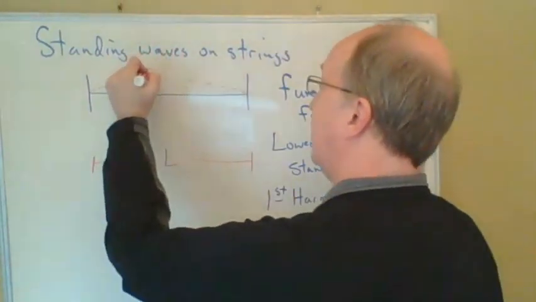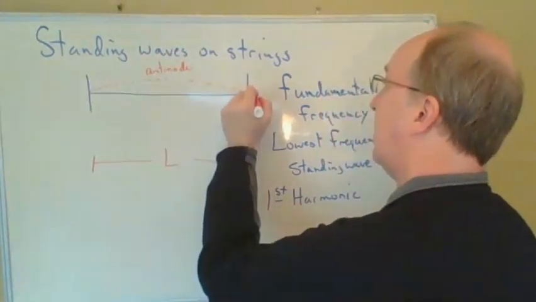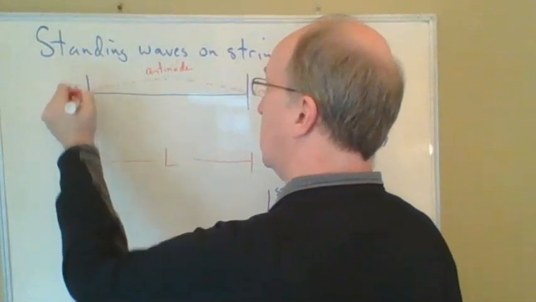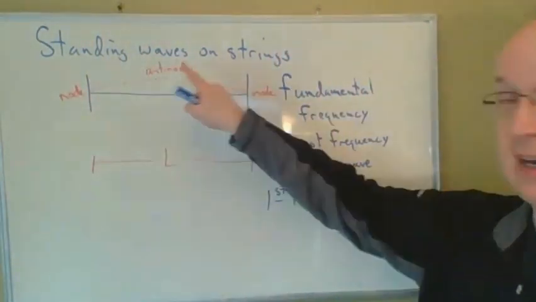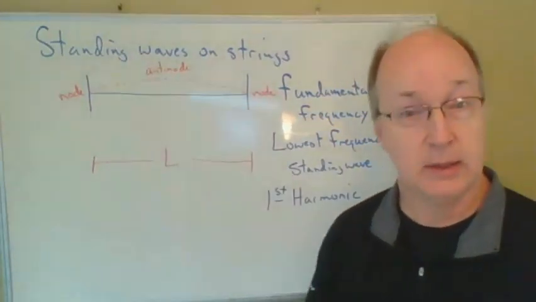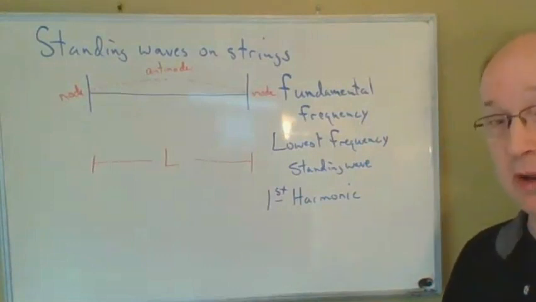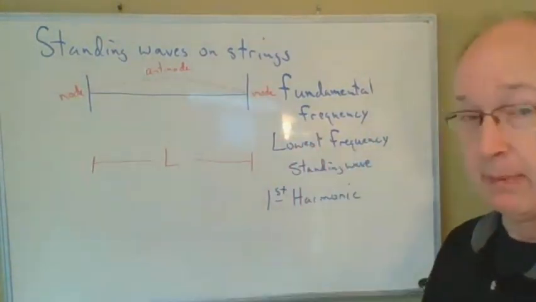We call that an antinode. And at either end, where it's fixed, we have these things called nodes. So we have a node at each end and an antinode in the middle. That's the first harmonic standing wave. The fundamental frequency of vibration for this string happens.